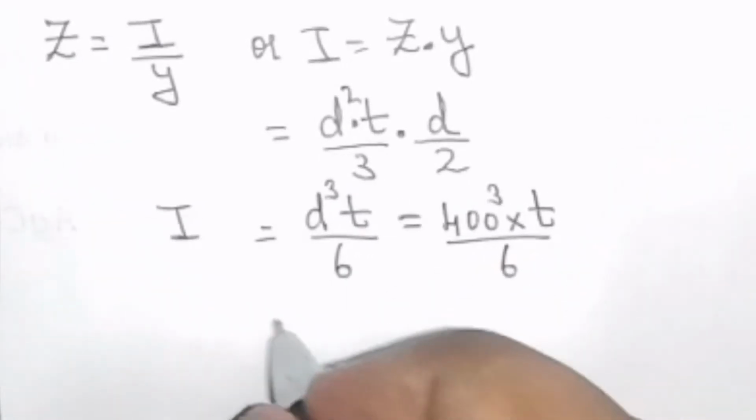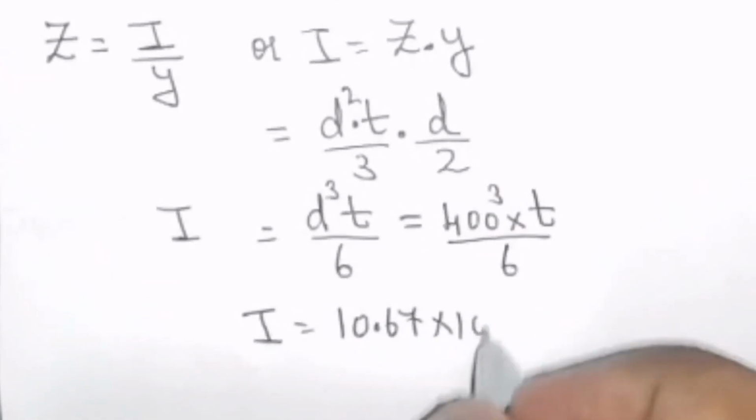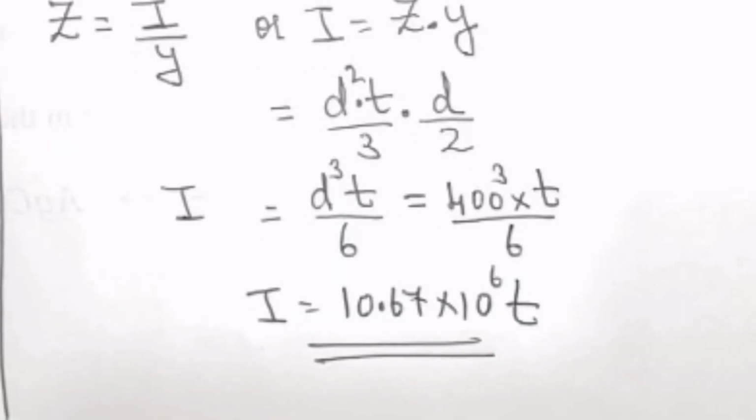On solving this, I will get I is equal to 10.67 multiplied by 10 raised to 6 T, which is the same as we got earlier. So henceforth we will be using the formulas given on PSG page number 11.5 for finding the moment of inertia. If the particular weld given in the question is not available in PSG, then we will find it by regular concept.